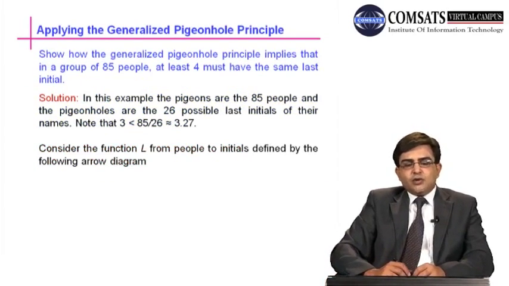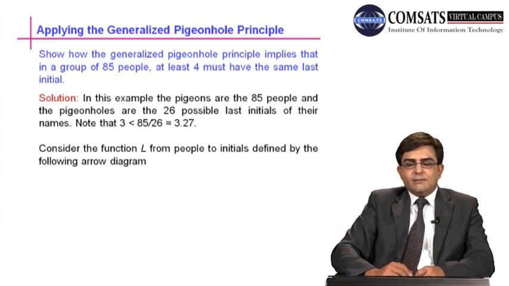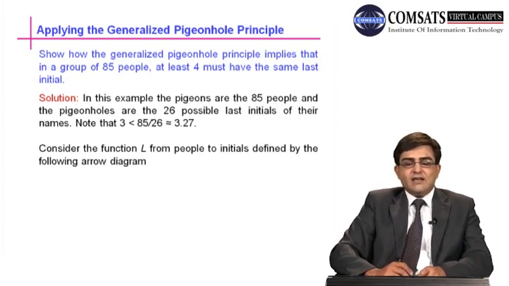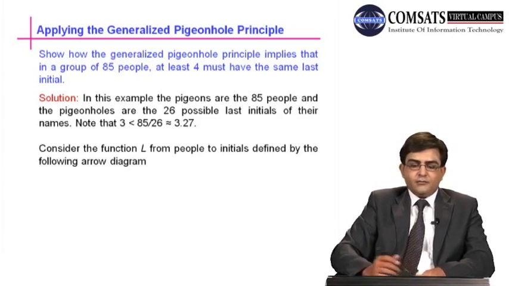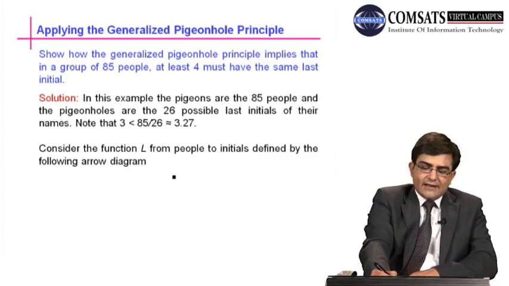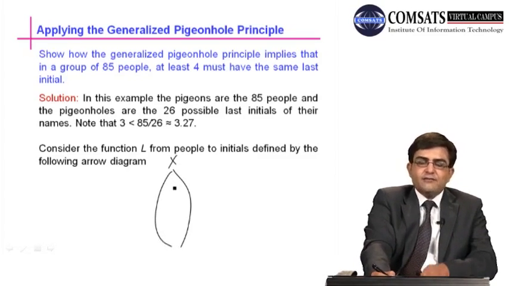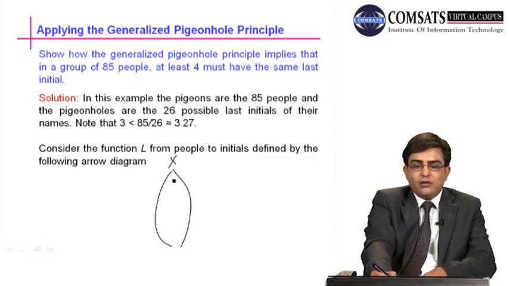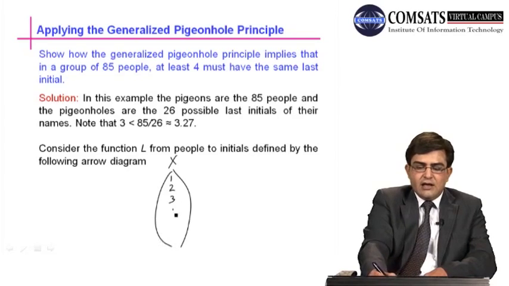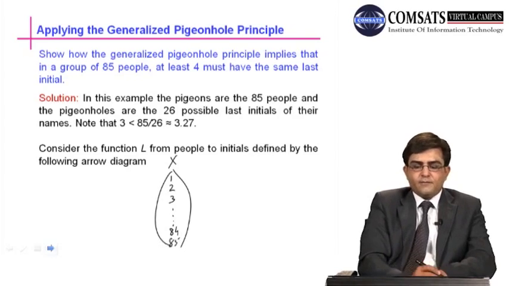For example, show how the generalized pigeonhole principle implies that in a group of 85 people, at least 4 must have the same last initial. So in the set X, you have 85 persons, 1, 2, 3, up to 84 and 85.